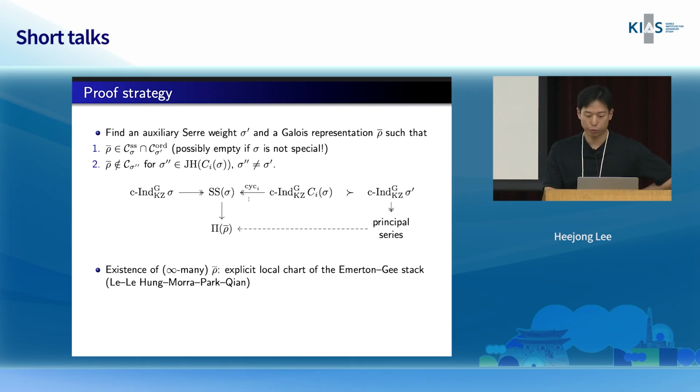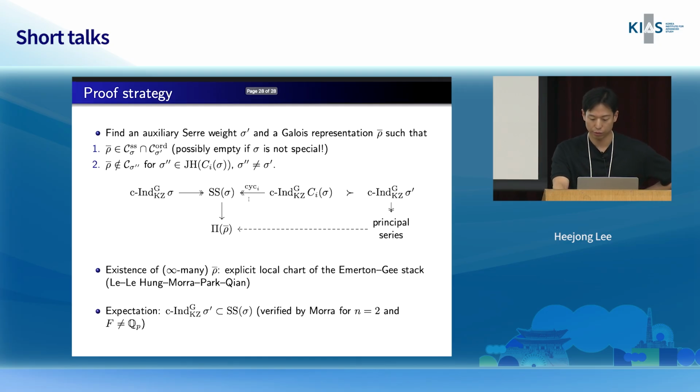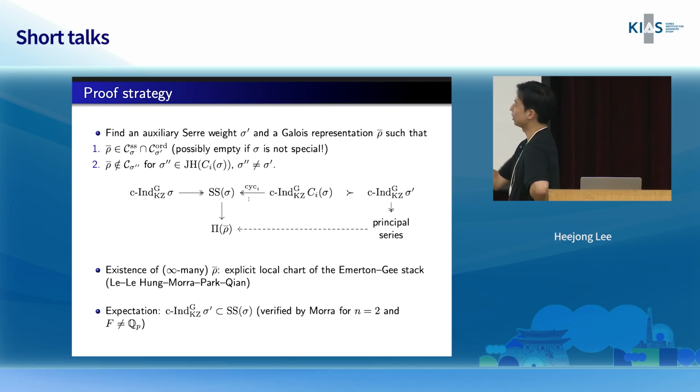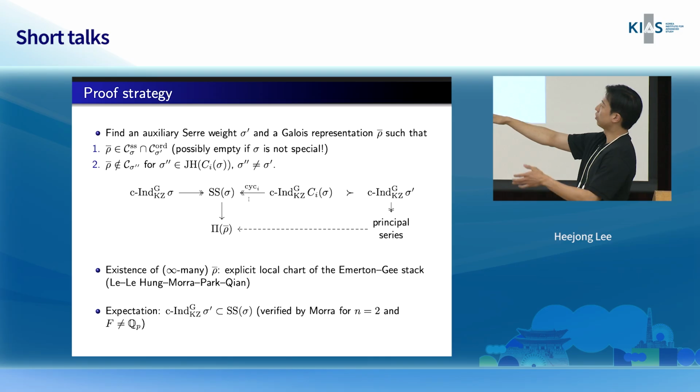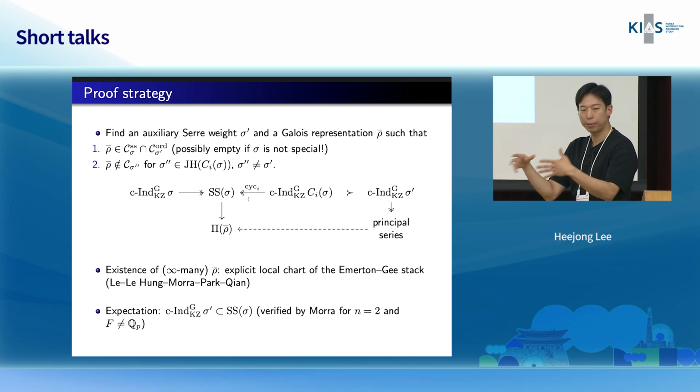And let me finish with a last remark: we expect, in fact, that this whole compact induction of sigma prime lives inside the universal supersingular. And this is very bizarre. I mean, it's very counterintuitive, because this universal supersingular is a quotient of the compact induction of sigma.